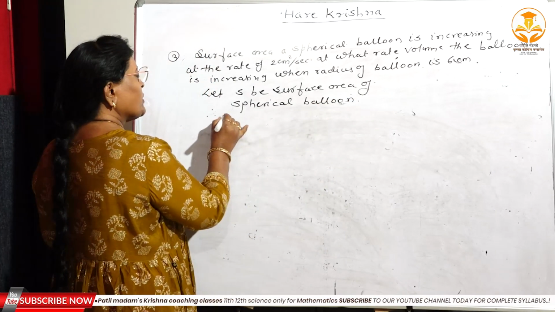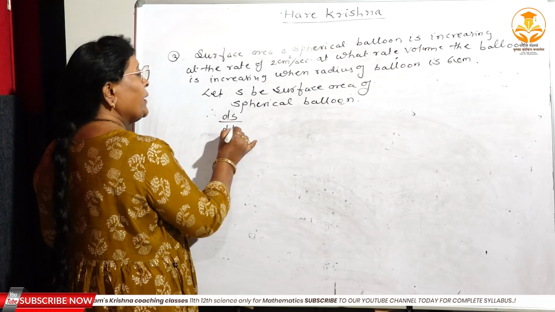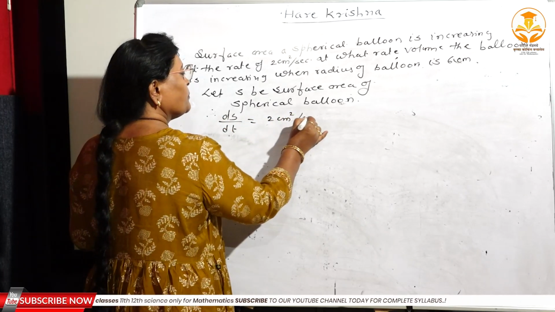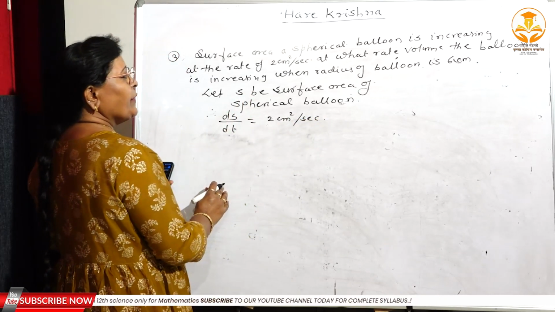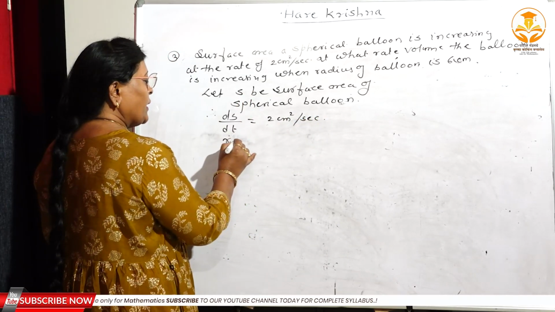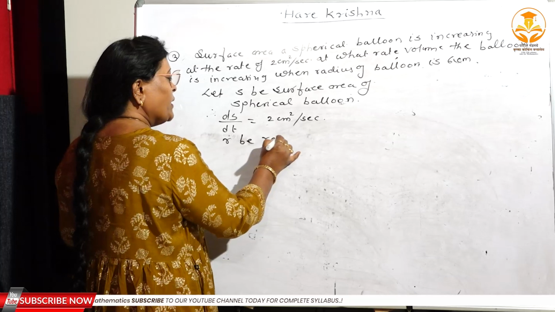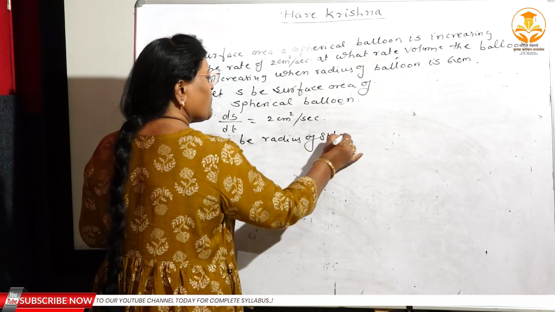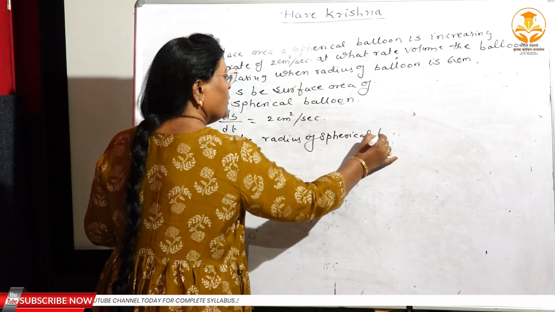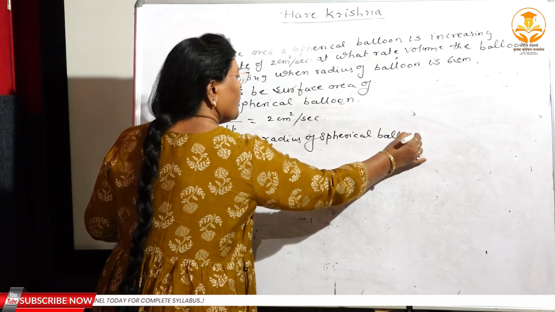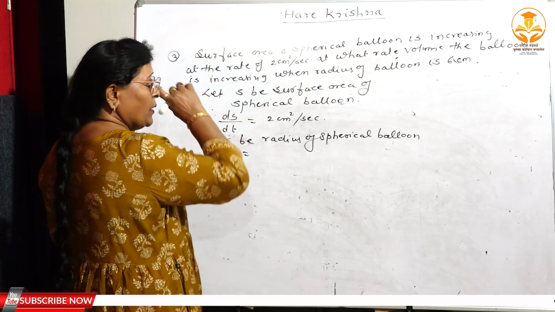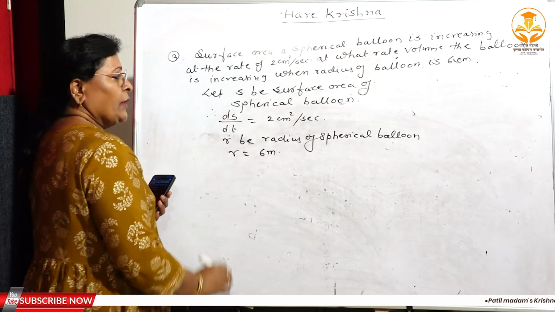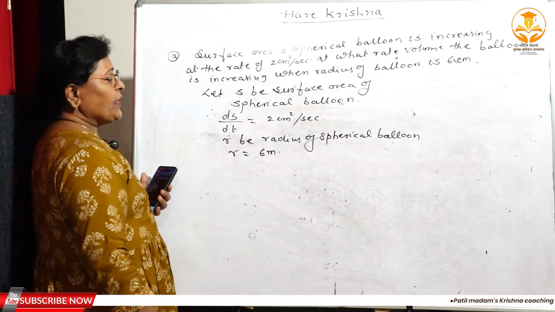Therefore, by the given condition, ds divided by dt is given as 2 centimeter square per second, isn't it? Also, they have given the radius. Let r be the radius of the spherical balloon, where r is given as 6 centimeter, isn't it? These are the information given in the problem.